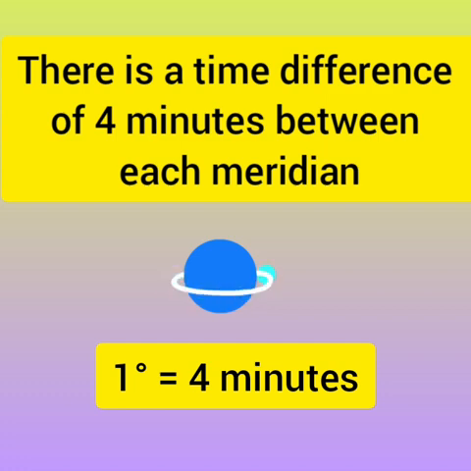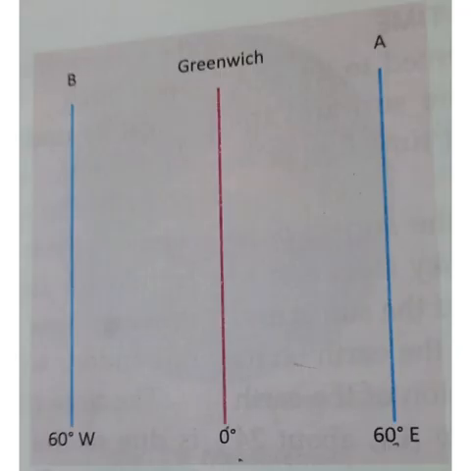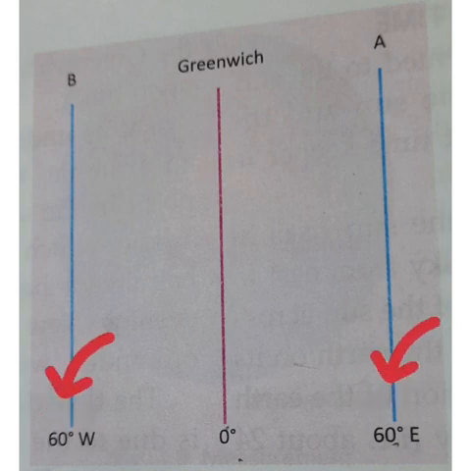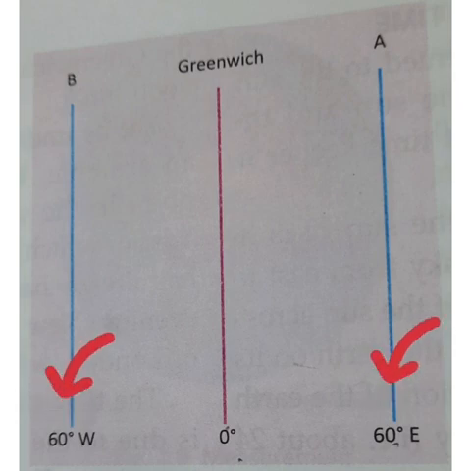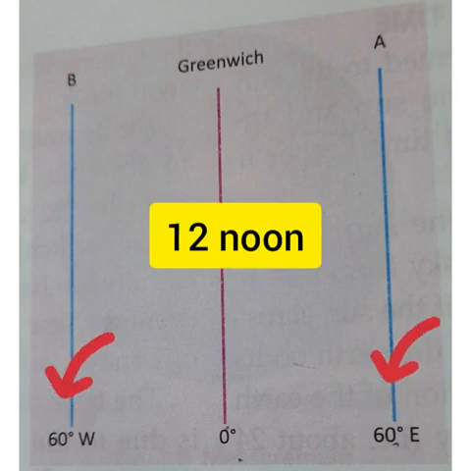Now let us understand how to calculate time with the help of an example. Suppose there are two places A and B located at 60 degrees east and 60 degrees west longitudes respectively. The time at the prime meridian or Greenwich is 12 noon.